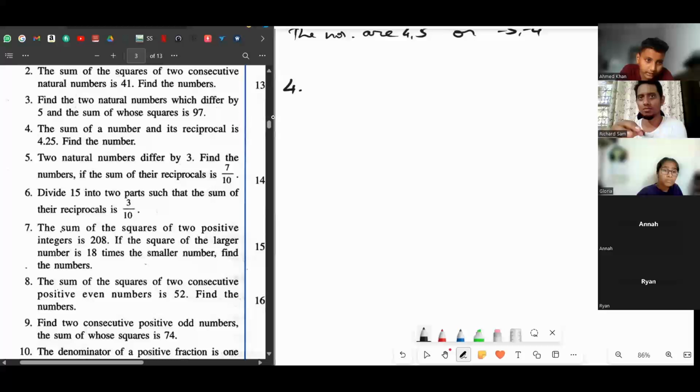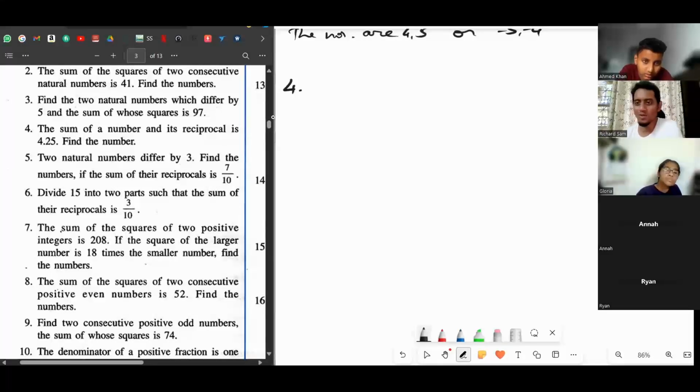Two numbers added, the sum of those numbers is 4.25. Sum of what? The two numbers. What are the two numbers? We have to find that. And what should we write over there? You can't just say I want to find it. You have to write something, no? X or something we need to write.